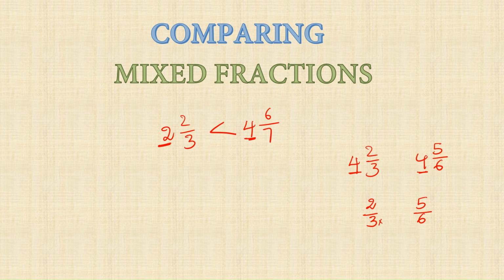So to convert this into 6, we have to multiply both numerator and denominator of this fraction with 2, and then it becomes 4 upon 6. Now while comparing 4 upon 6 and 5 upon 6, 5 upon 6 is greater. That is why, from the mixed fractions, the fraction with 5 upon 6 would be greater.